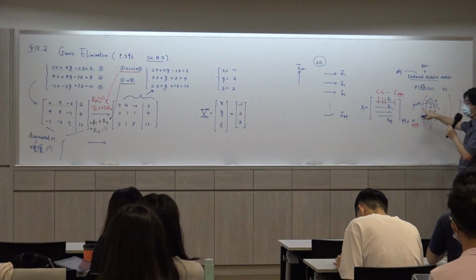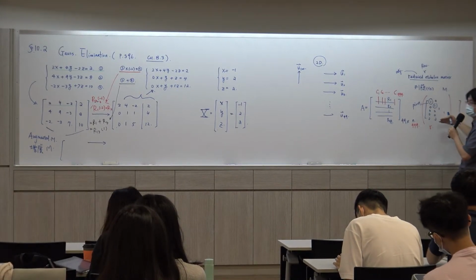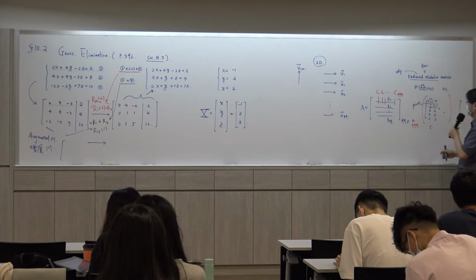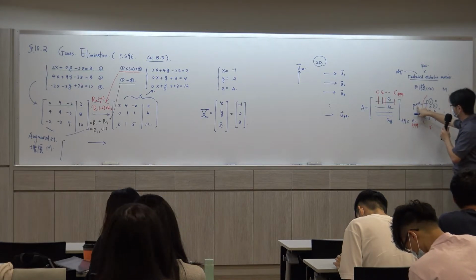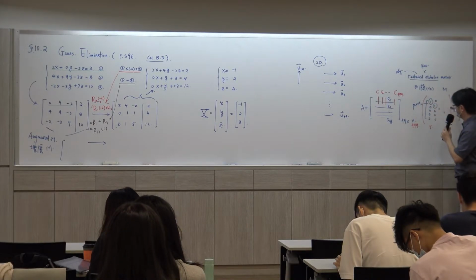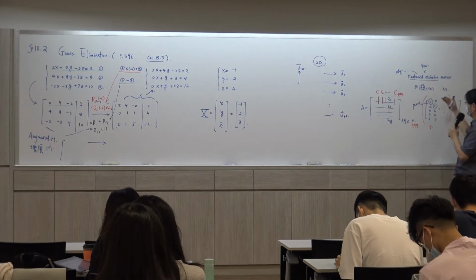So the pivot number means the rank of the row, and the pivot number will determine the space of the matrix.